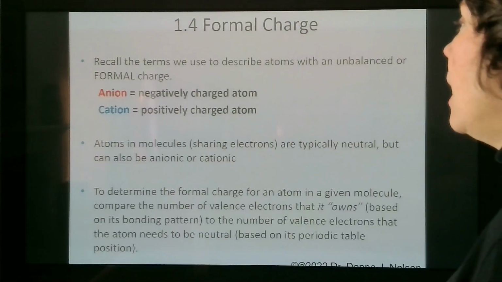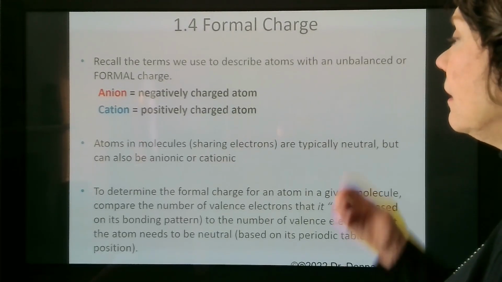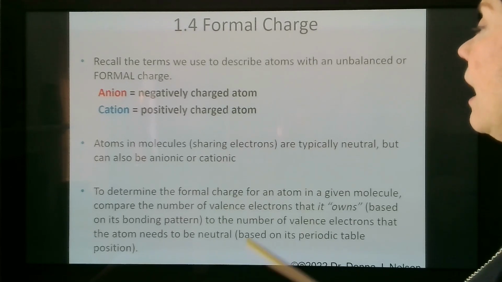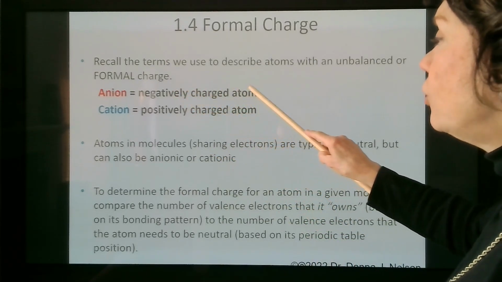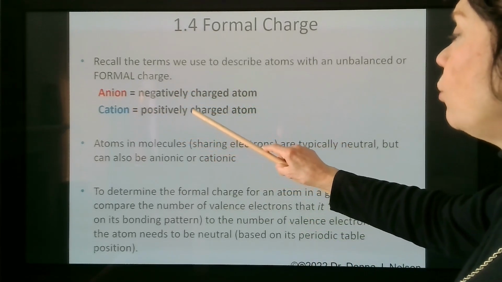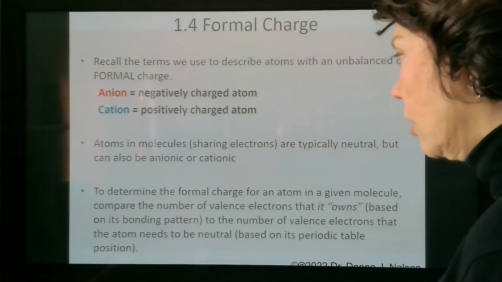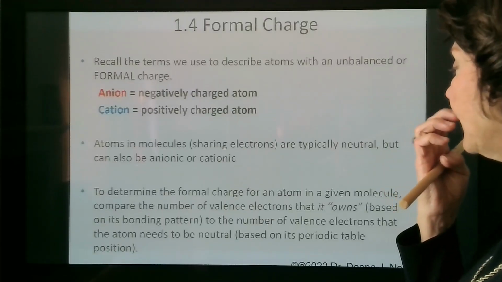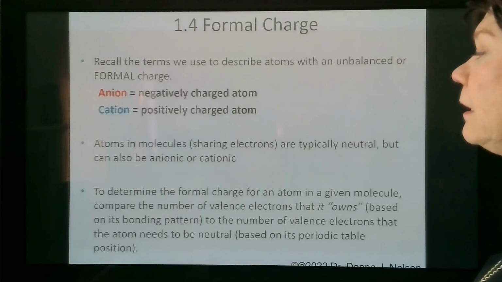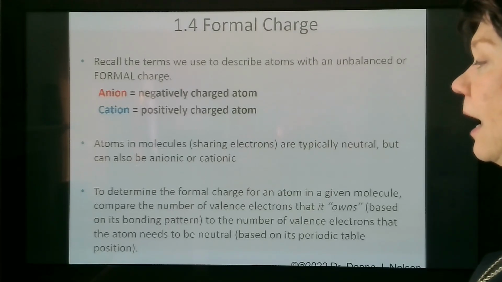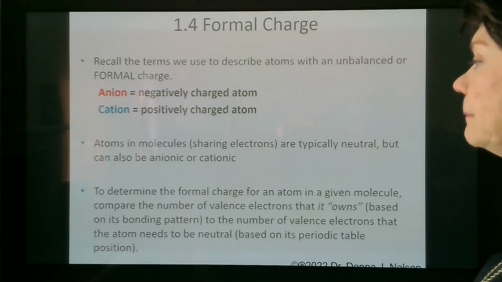Formal charge. Anions have a negatively charged atom. Cations will be positively charged atoms. Atoms in molecules sharing electrons are typically neutral, but they can also be anionic or cationic.